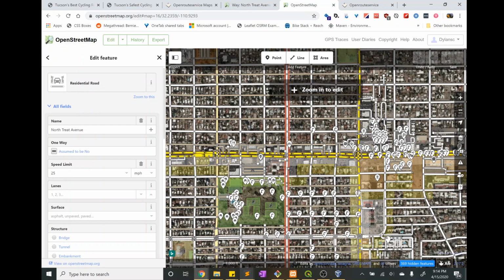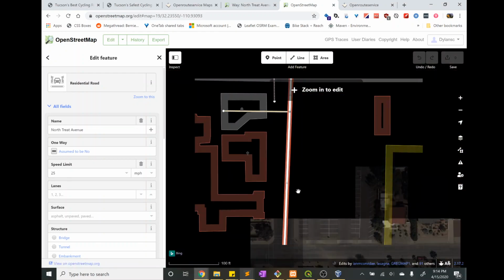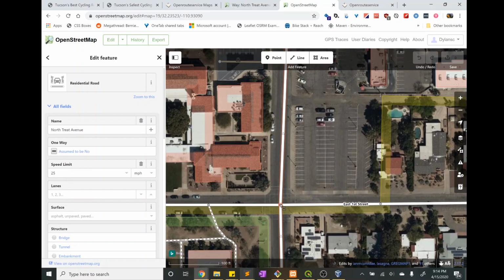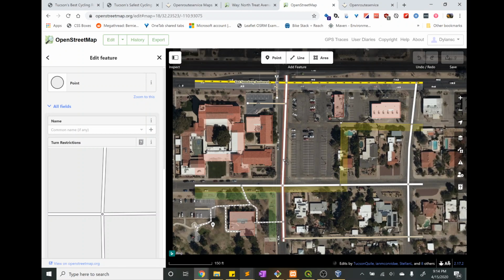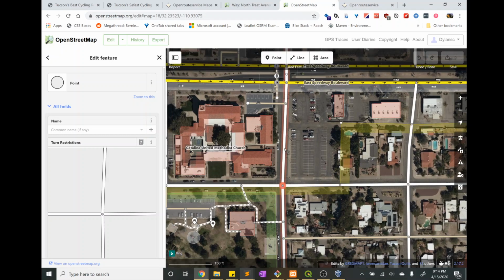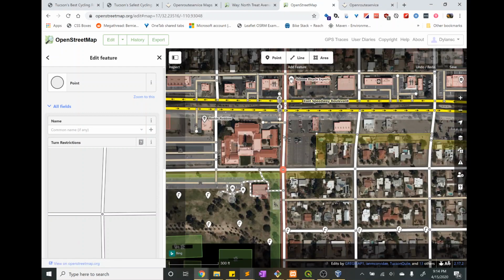I know that I can go into OpenStreetMap and select on nodes and split ways into, I guess, 2 separate ways. I guess this would then generate 2 separate OpenStreetMap IDs for this segment.